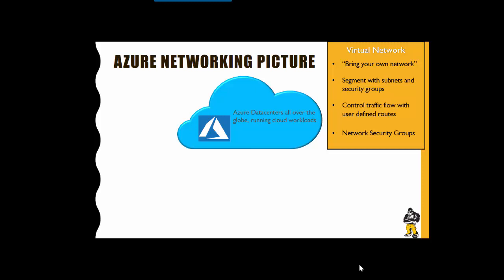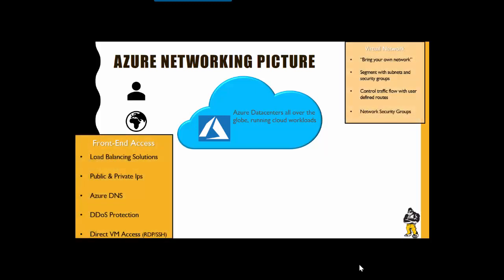A virtual network in Azure allows you to bring your own network, which means that you can define your own IP subnets, IP virtual network settings, bring your own DNS, for example, configuring site-to-site VPN and whatnot, allowing you to control traffic by using a feature called user-defined routes, and I'll talk about that later on. The firewalling security mechanism in between network traffic, virtual networks, in between virtual machines if you want, is defined by using network security groups.